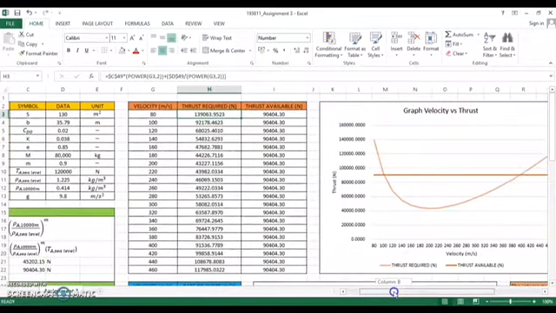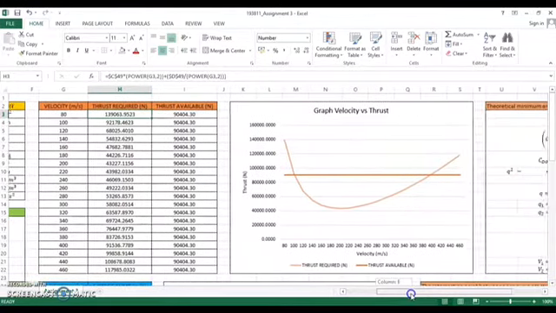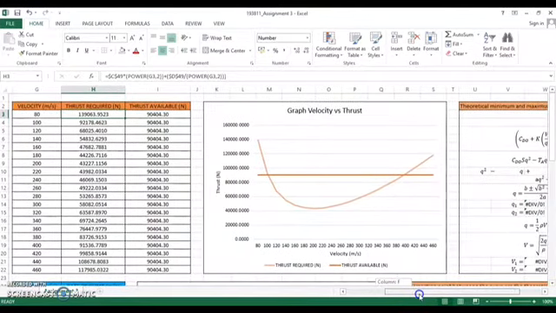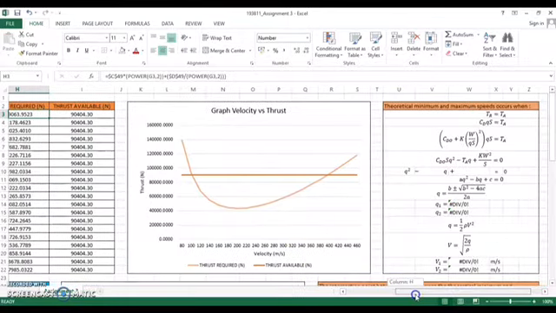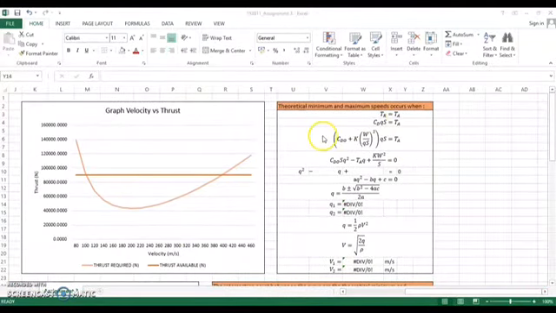And next, we need to plot the graph to know the minimum and maximum velocity, which is the intersection of the graph. We can get the value for the minimum and maximum velocity. Actually, we can find the intersection with TR equal to TA.